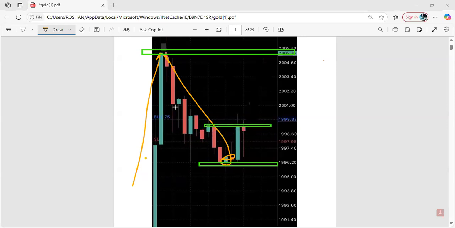So you know what? The overall session trend from here is down, but at the same time, what we can see is after creating the support, the way this candle closed, can we make a buy on the next candle? Obviously not, because there is a way big move on a 30-minute time frame. All right.